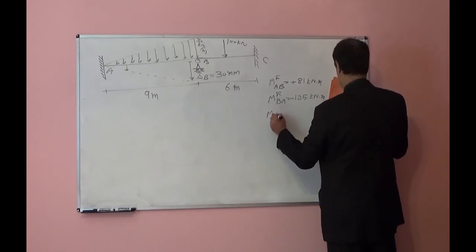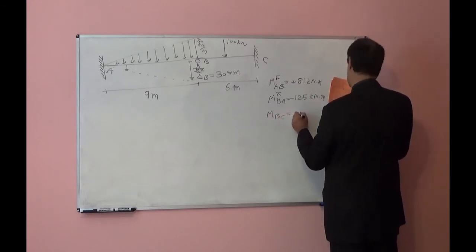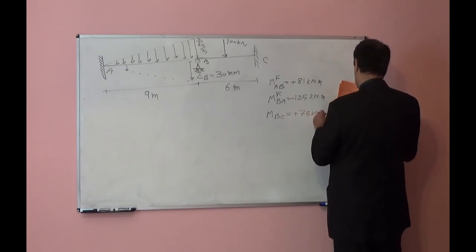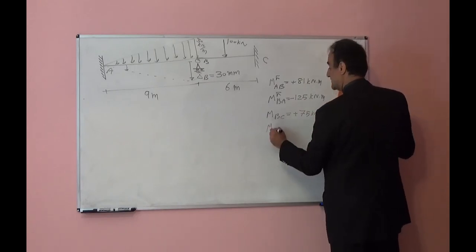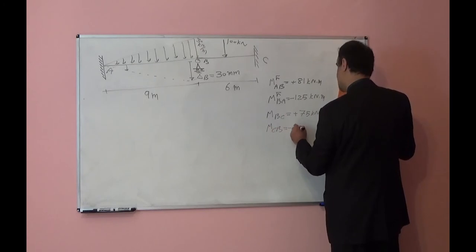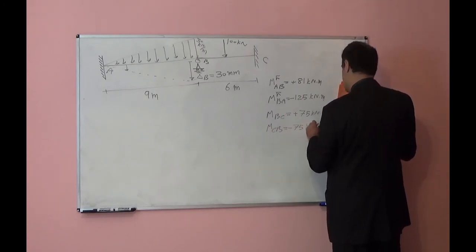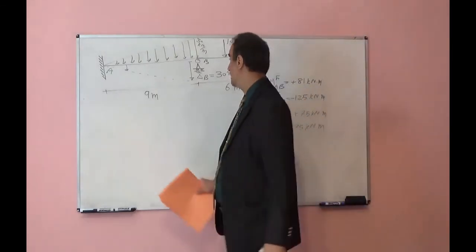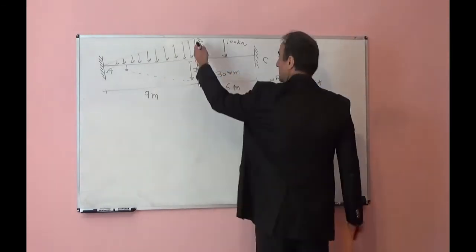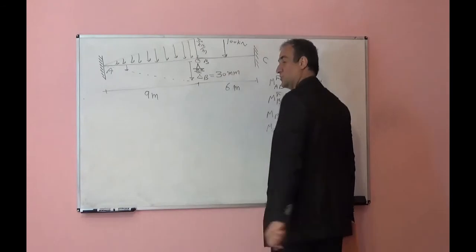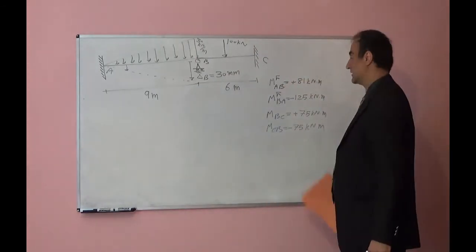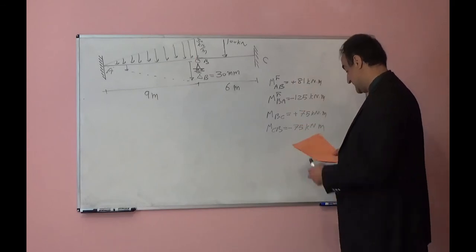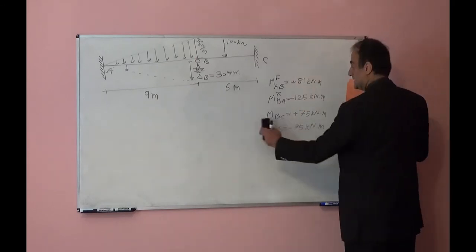M fixed BC will be positive 75 kilonewton meter. M fixed CB will be negative 75 kilonewton meter. So I wrote the formula only; instead of W, we put 30, and instead of P, we put 100. Counterclockwise positive, clockwise negative, I will find these numbers.